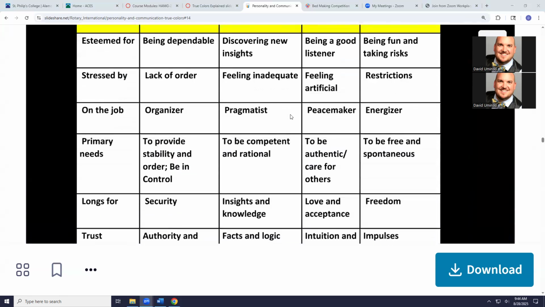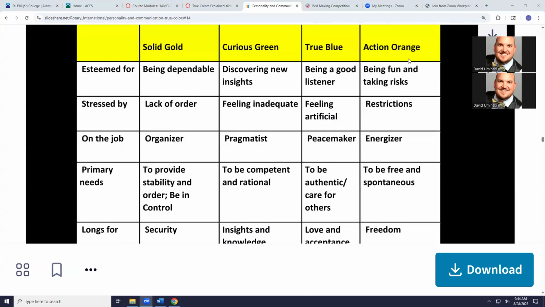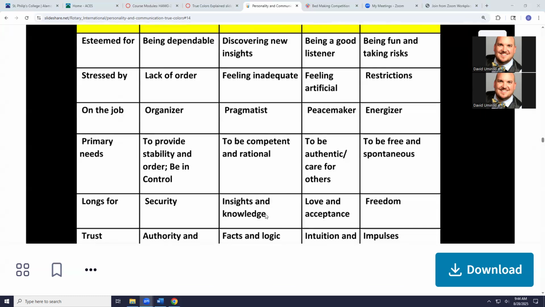Why do you think it's important to know that our oranges, if you're a green, Joseph, and you have coworkers that are oranges, why do you think it's important, if you want insights and knowledge to make that decision, to better understand why they want freedom?